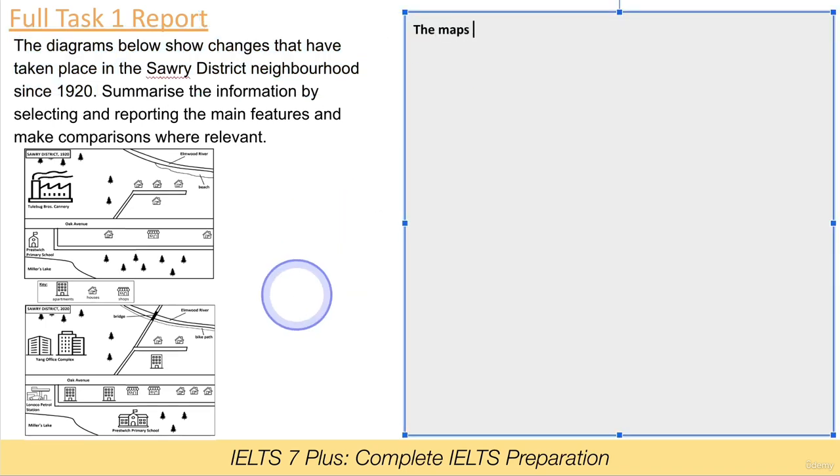So we could say the maps display differences in the Sowry district community in 1920 and 2020.